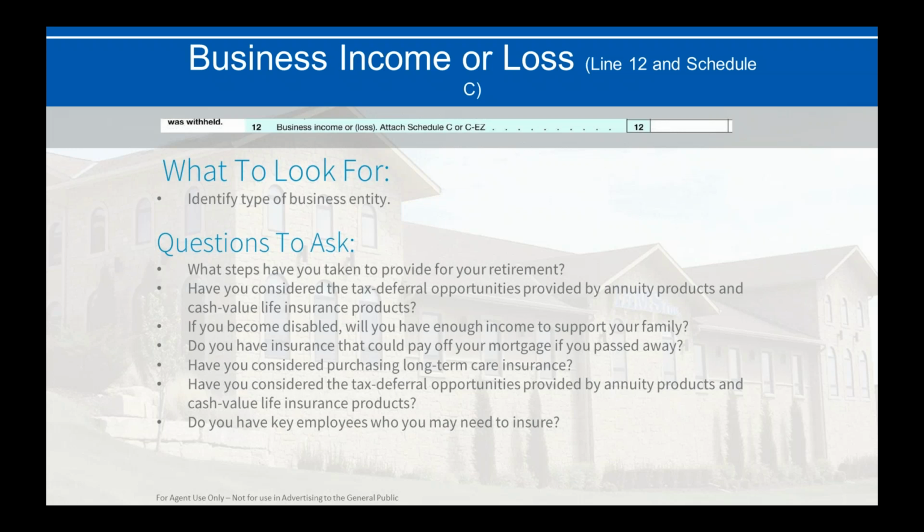And an untapped opportunity, I think, is to ask, what have you done for your small business so far for retirement? We know healthcare costs have gotten very expensive. We know a lot of small businesses are struggling. They don't necessarily always have the money to put into retirement, but many of them do.